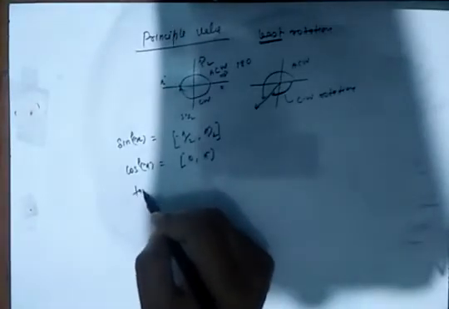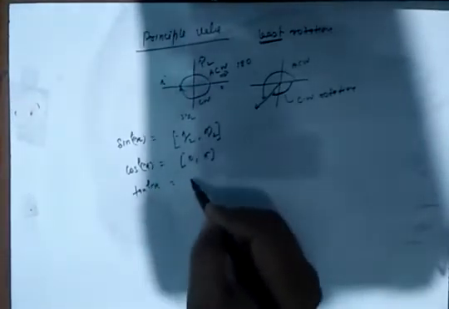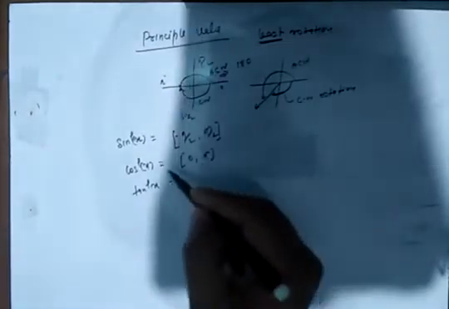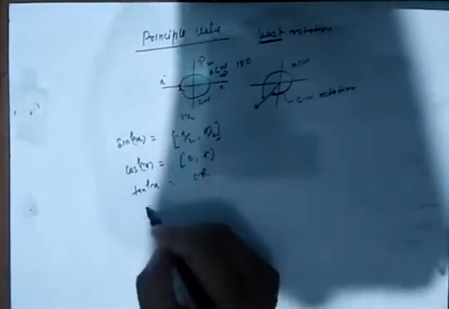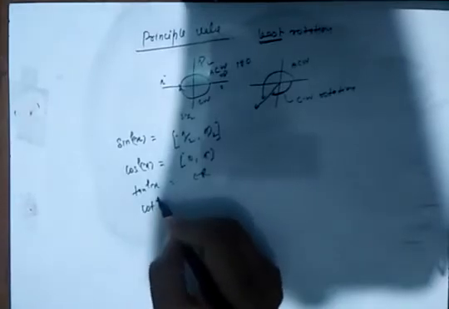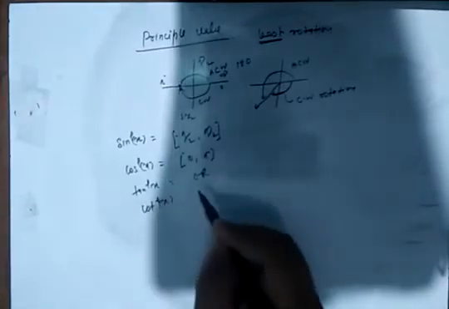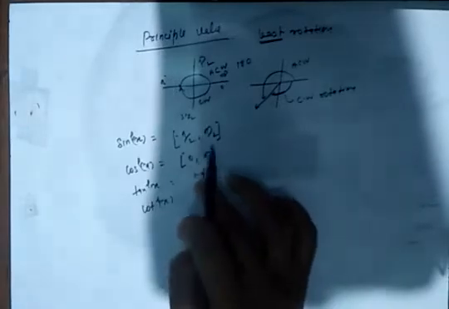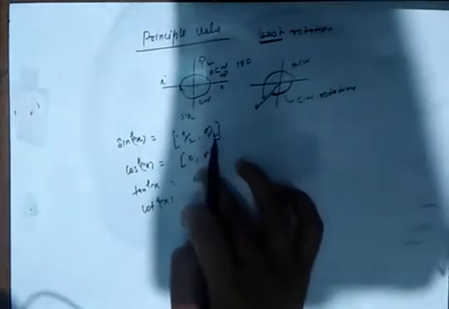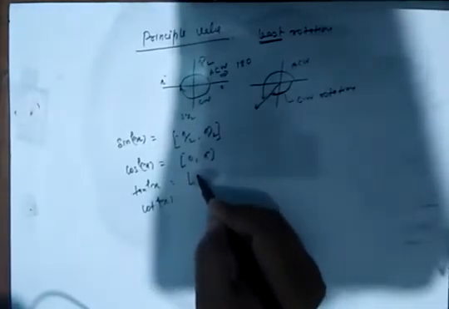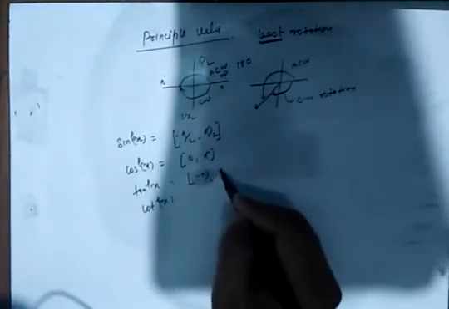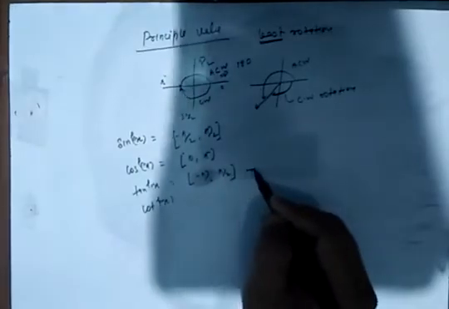Tan inverse x, x belongs to all real numbers, and the principal value is minus pi by 2 to pi by 2, excluding 0.